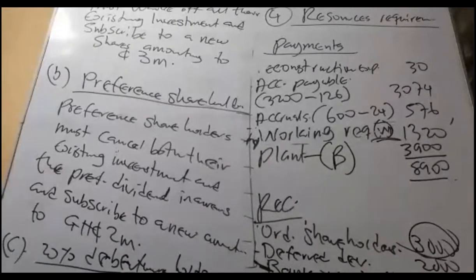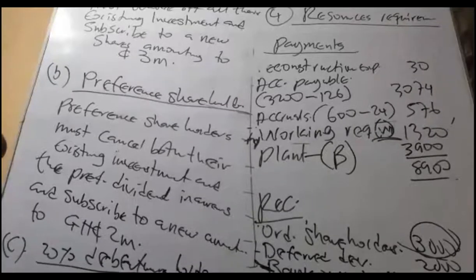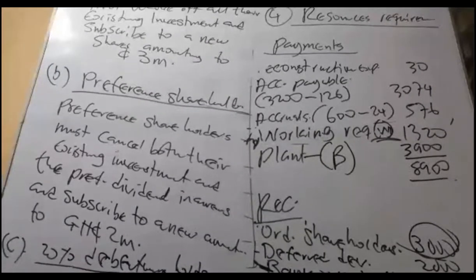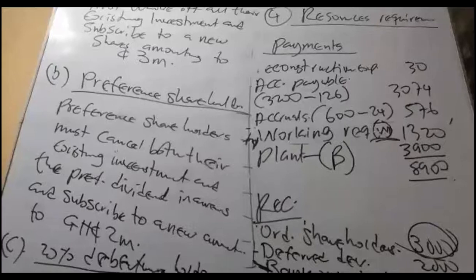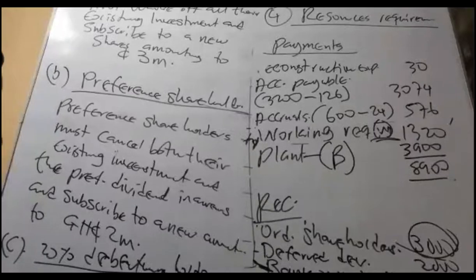So is it secured as a fixed charge? Let's check the debenture holders. It was secured on what? Freehold property, right?